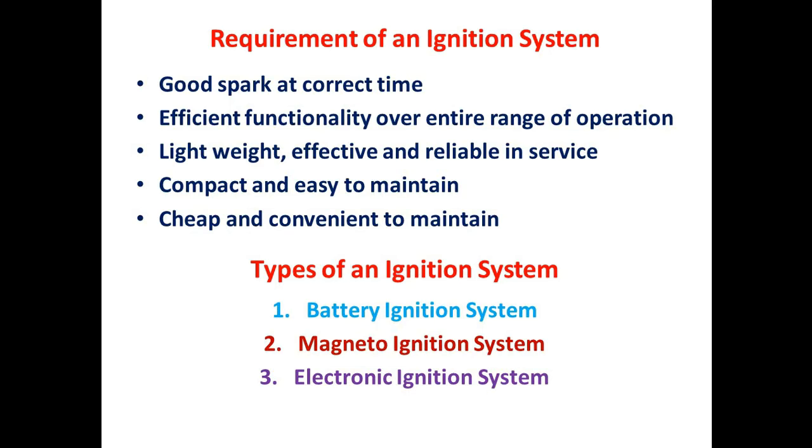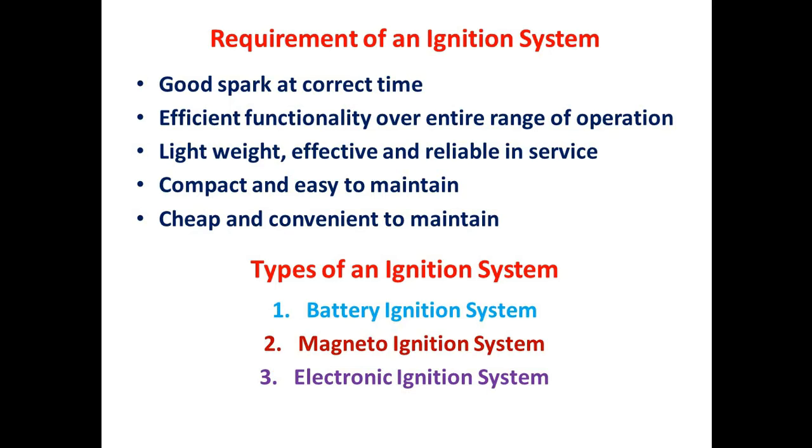Next, it must be lightweight and reliable in its service. It must be compact in design and structure so that it can be maintained easily. And at last, it must be cheap and easy to handle. Generally, the ignition system has three types: battery ignition system, magneto ignition system, and the electronic ignition system.